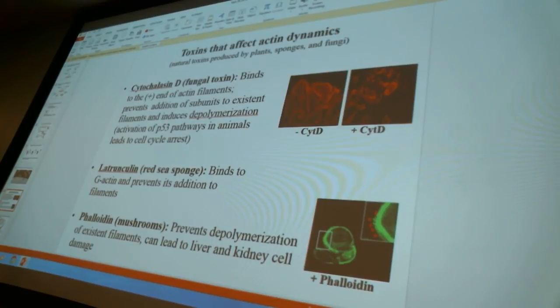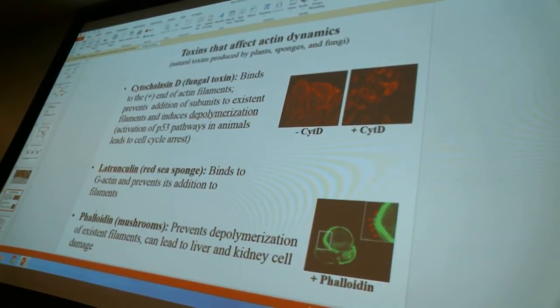For instance, we have a whole set of molecules usually extracted from various plants or fungi, which either promote depolymerization, like in the case of cytochalasin D, which is a fungal toxin, or we have phalloidin, which is an extract from very poisonous mushrooms.